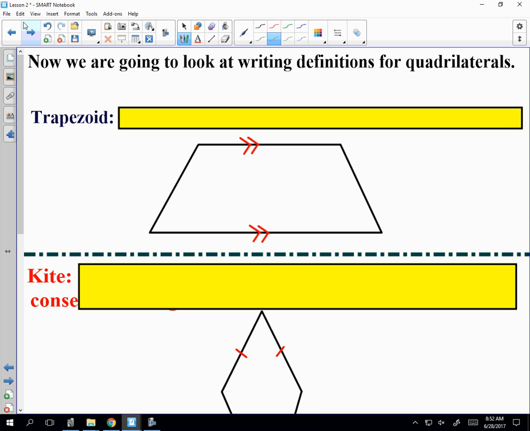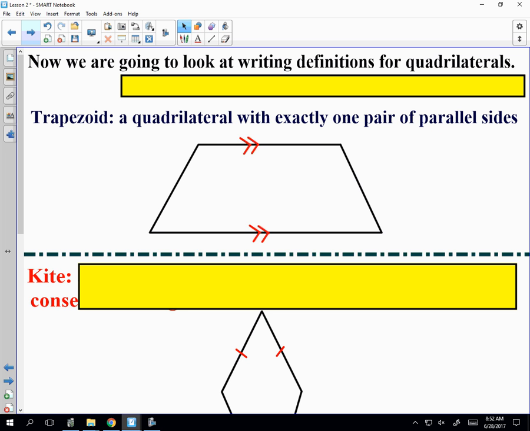Okay, now let's look at some of our quadrilaterals. A trapezoid is defined by having one pair of parallel sides. In the trapezoid, we call these the bases. There's actually two bases to a trapezoid.